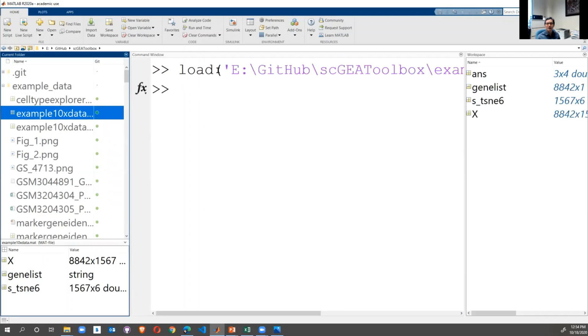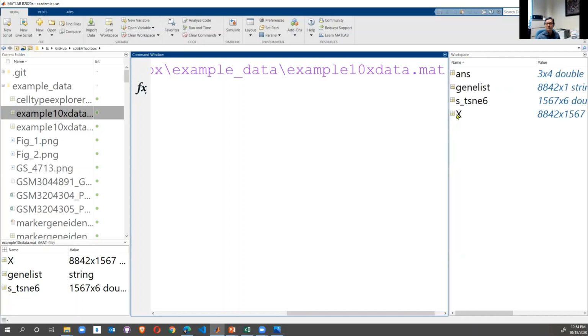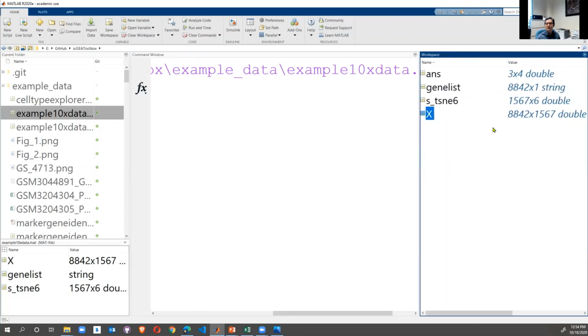So you see, once I load this example data in my workspace, I have a variable called X. X is where your UMI expression data is contained. It includes 8,842 genes in 1,567 cells.